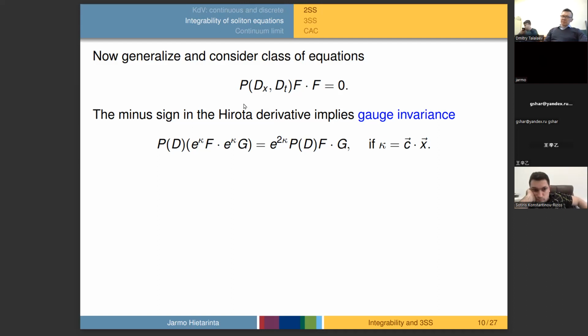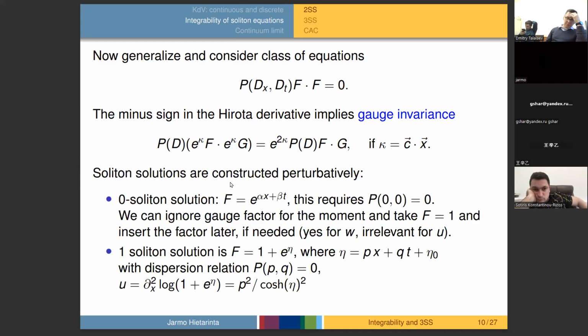Now, one property of this Hirota derivative is that there's a certain gauge invariance. If f and g are multiplied by the same exponential factor, which is linear in x, then they can be pulled through because D has a minus sign. So this property is there.